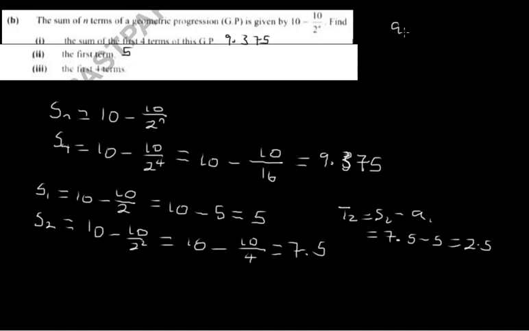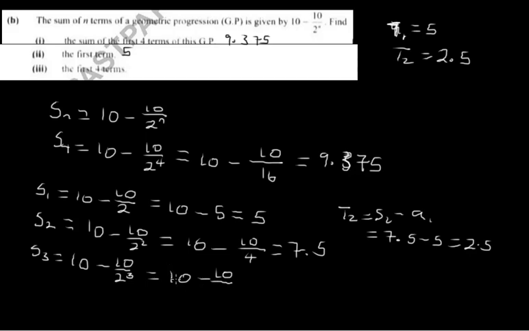So we have A1, let's name it as T1, being term 1 being 5, term 2 being 2.5. Now we can find term 3 by saying the sum of the first 3 terms equals 10 minus 10 over 2 to the power 3. 2 to the power 3 is 2 by 2 by 2, which gives us 8.